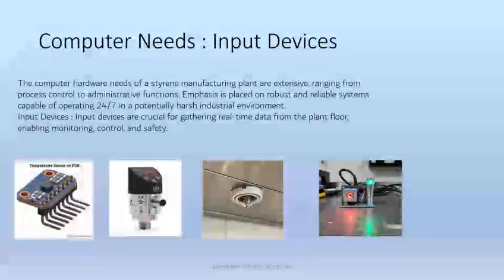Our next point is computer needs, and under this we have input devices. The computer hardware needs of a styrene manufacturing plant are extensive, ranging from process control to administrative functions. Emphasis is placed on robust and reliable systems capable of operating 24/7 in a potentially harsh industrial environment.